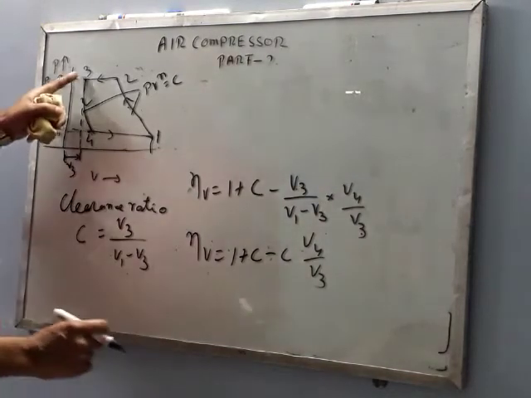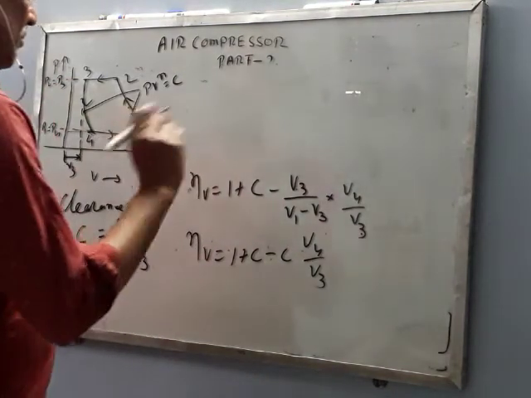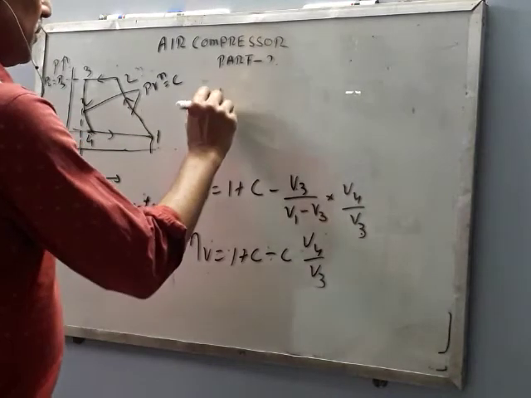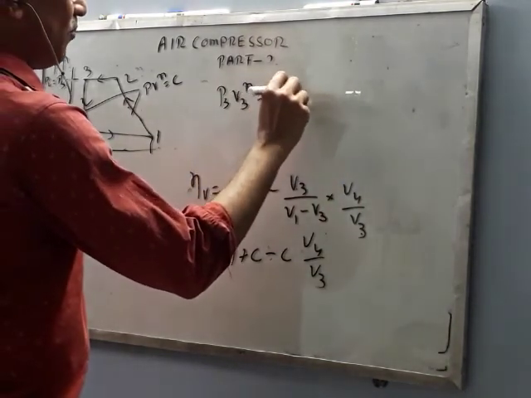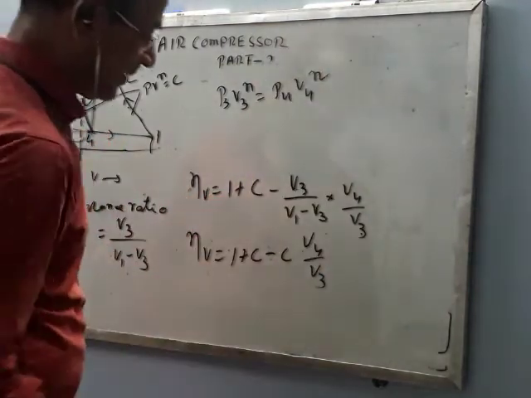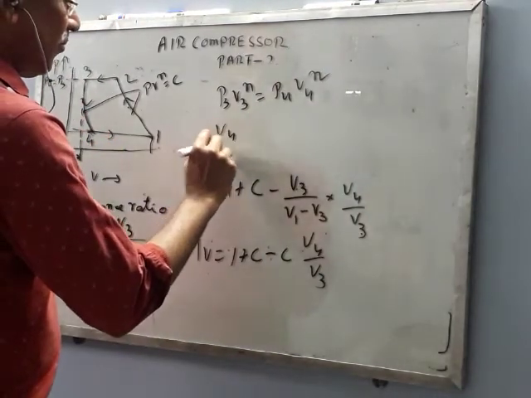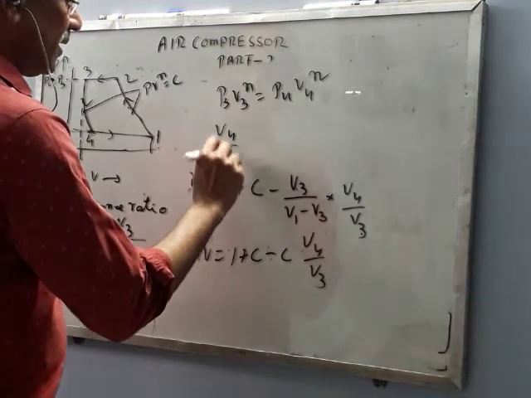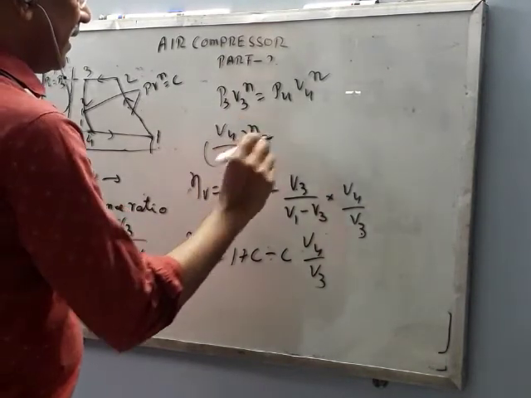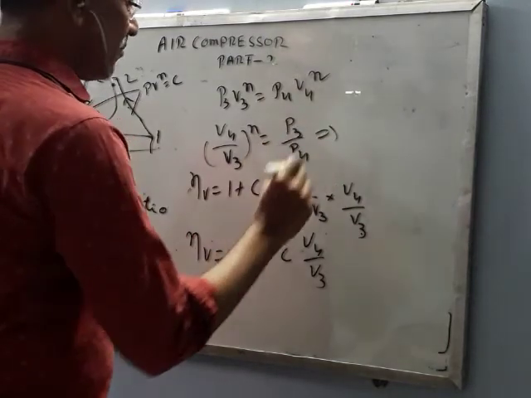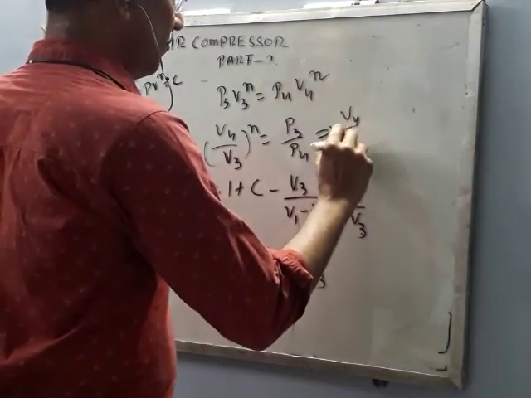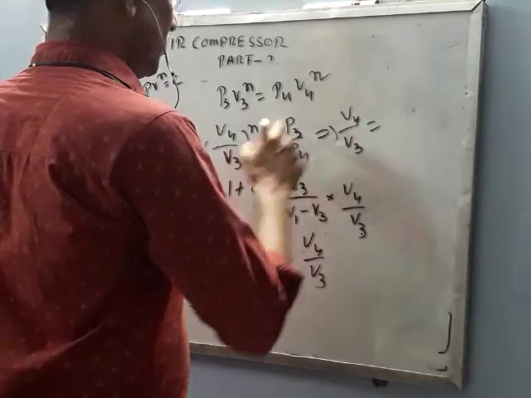Now for the process 3-4, P3 V3 to the power n is equal to P4 V4 to the power n. So V4 by V3 to the power n is equal to P3 by P4. That gives V4 by V3 is equal to, what is P3?